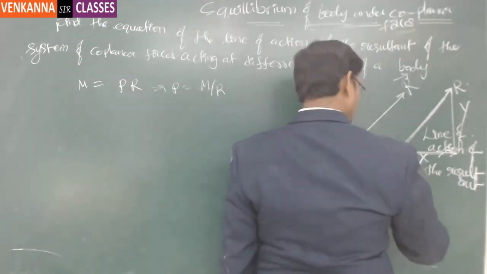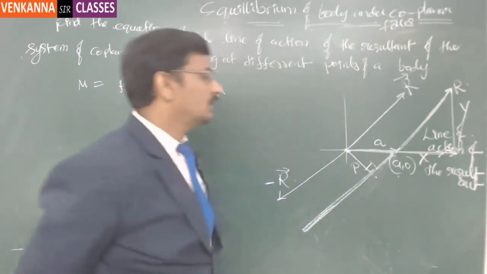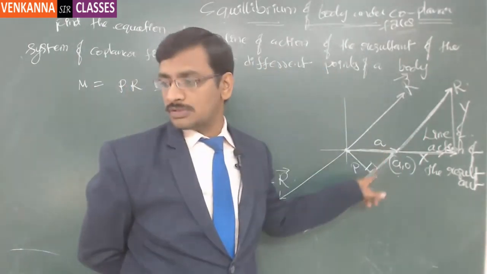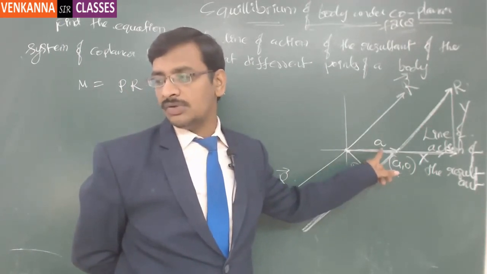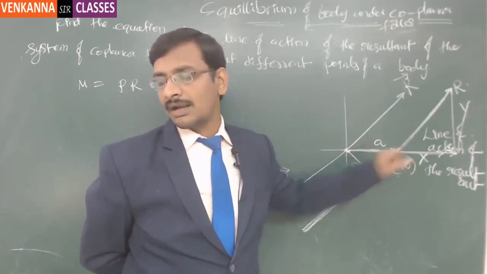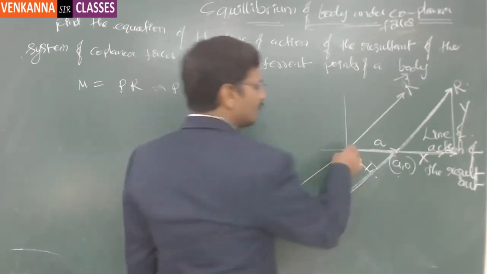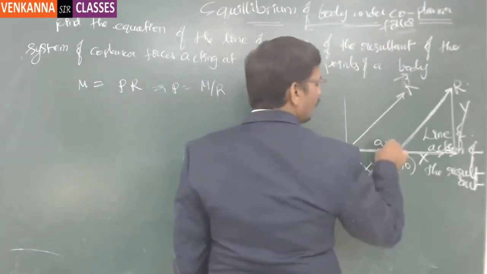Now if it is passing through this point, the moment of the force is the same, right? The moment of the force you can say is A cross F. A is this length, and this vector I call Ai.